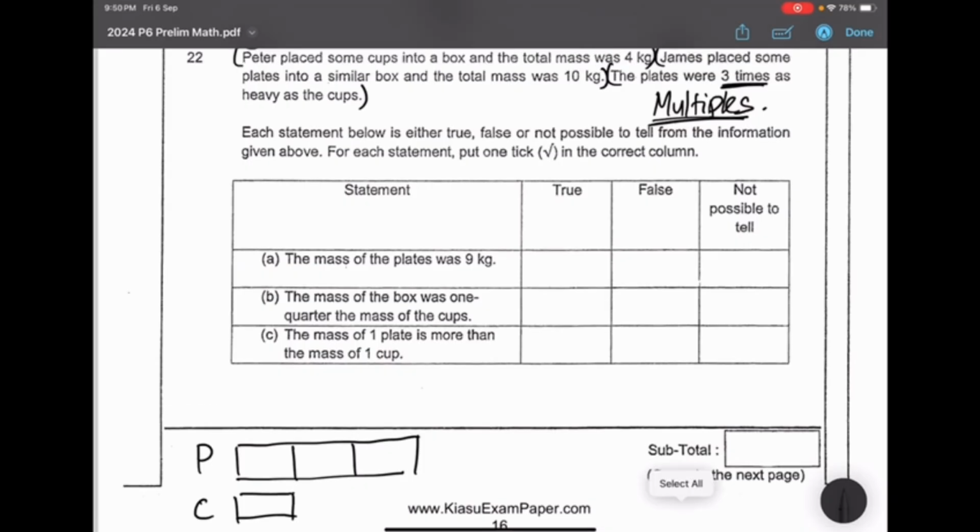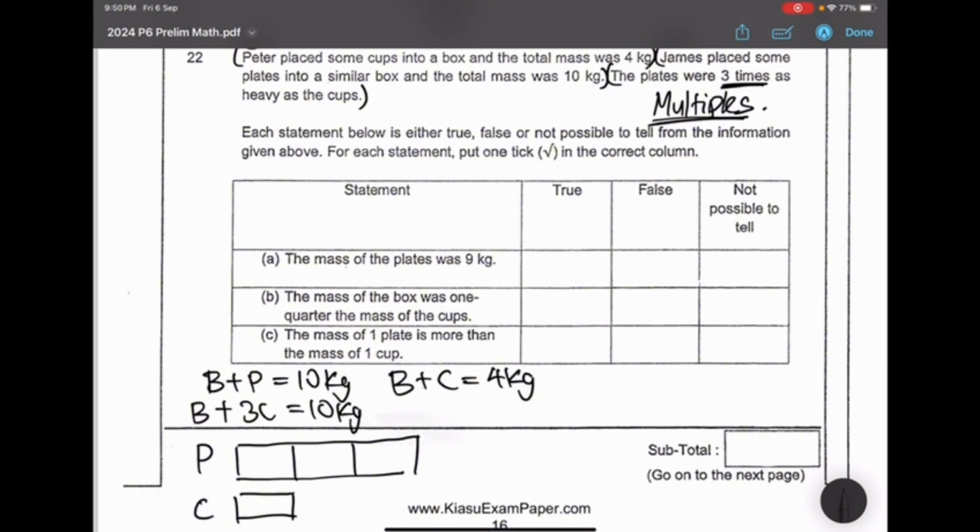Now, what can I do with this information? Firstly, I know that the box plus the plates equals 10 kg, and the box plus the cups equals 4 kg. Knowing that the plates is 3 cups, I want to change this: box plus 3 cups equals 10 kg.